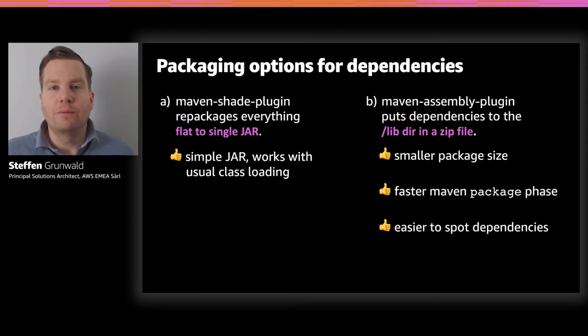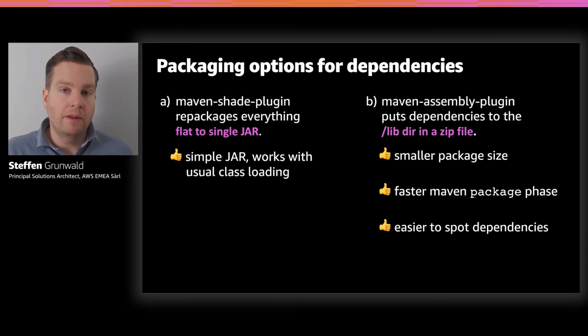So option A, that flat single jar, is obviously also loadable and understandable for a class loader that does not know about the lib semantics. Option B will most likely result in smaller package sizes, and for sure the package phase, the building of the zip file, is faster since you don't need to unzip and zip the dependencies again.